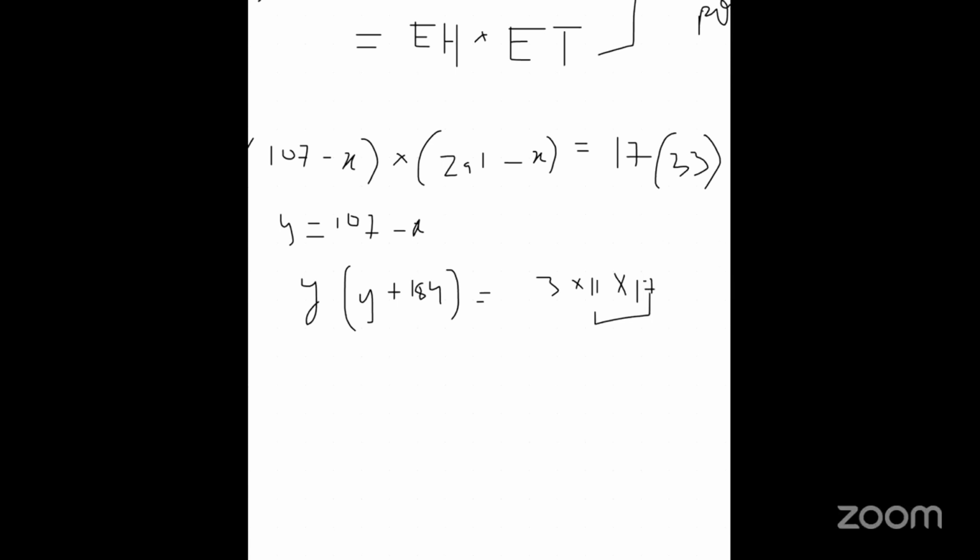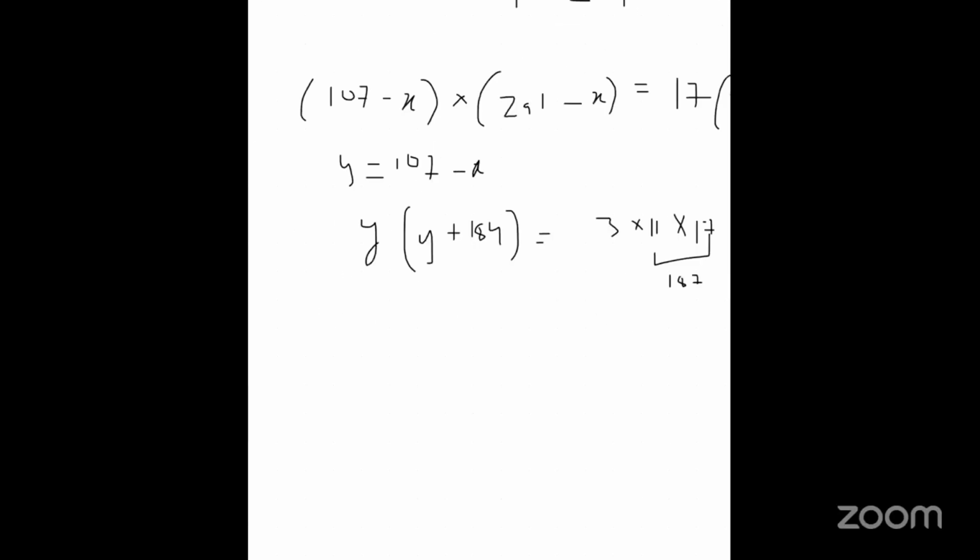So you can use the quadratic formula, or you can sneak your way out of it by just noticing y equals 3 works, which implies x equals 104. X equals 104. So this is the final solution over here.